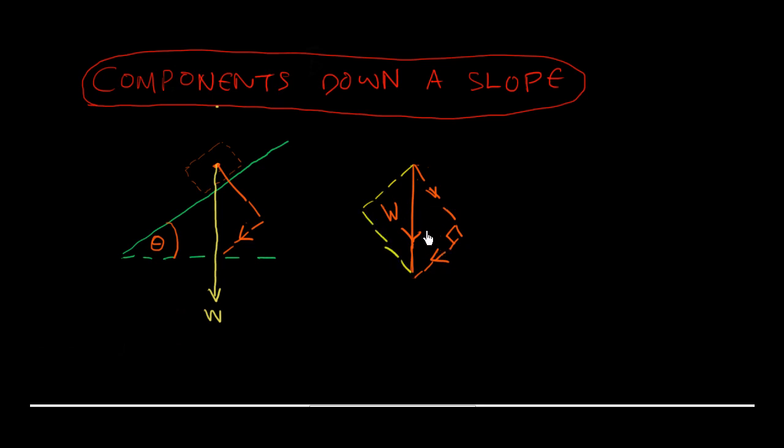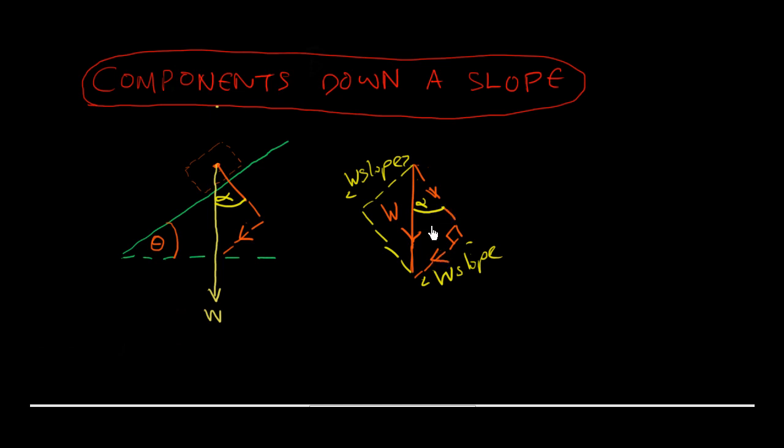This is then a rectangle, and since we care about the geometry of these forces and the sizes of the lines, then this line here, which will be W slope, i.e. how much of this weight is going down the slope, just there, is the same thing as this one here. The size of this and the size of this is the same geometrically, right? If we're using this angle here, let's call that angle alpha, we're going to be using this angle here mainly to calculate the different sizes of the components using trigonometry.